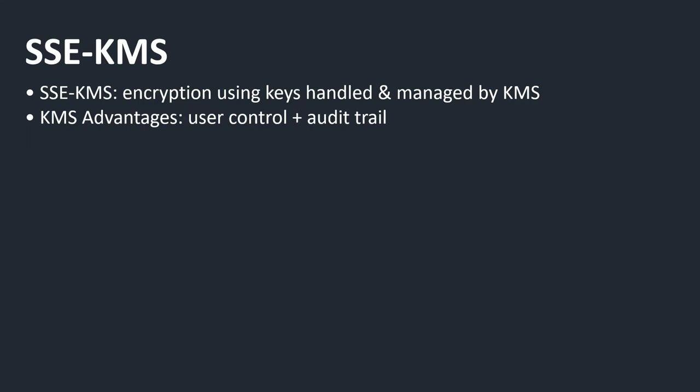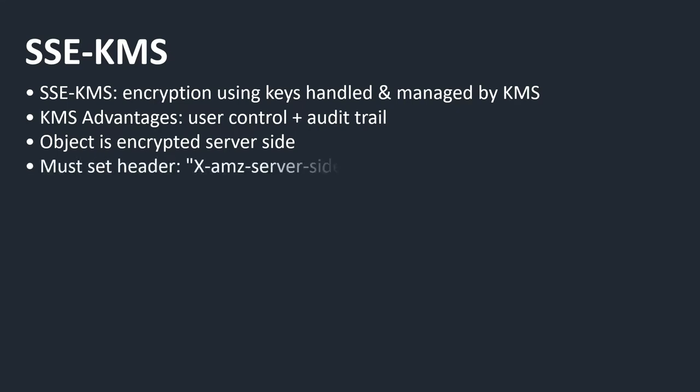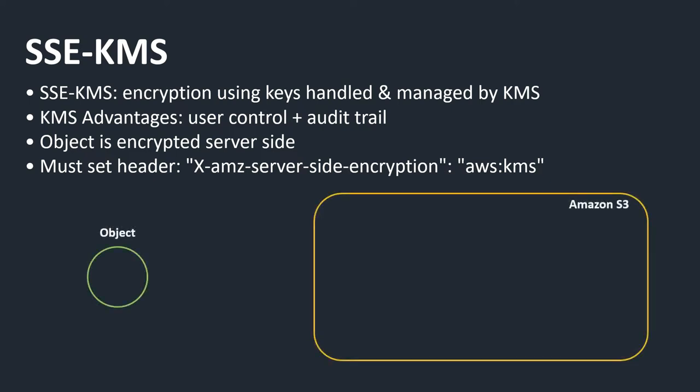Each object is again going to be encrypted server side, and for this to work we must set the header x-amz-server-side-encryption to the value aws:kms. So the idea is exactly the same, because it is server-side encryption.